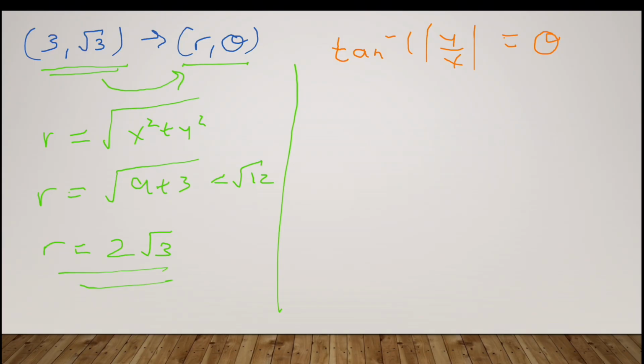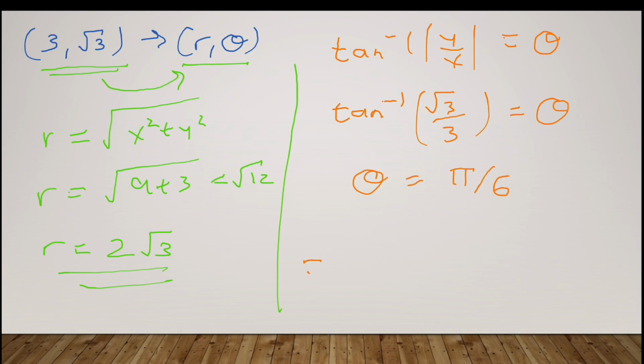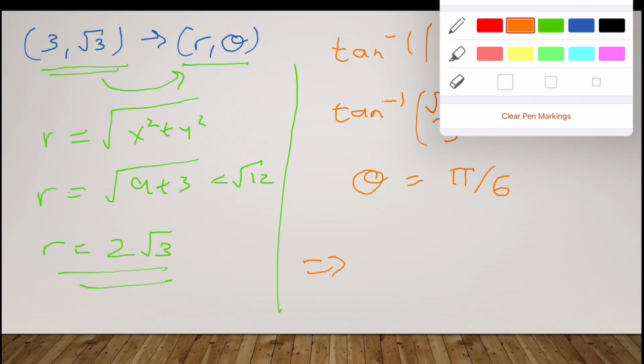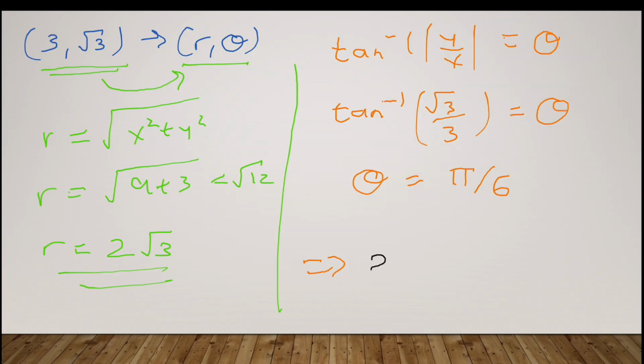Now we know y over x in this case is just root 3 over 3. And when is tan root 3 over root 3? Well, we know tan is root 3 over root 3 at pi by 6. So our final coordinates will be 2 root 3 comma pi over 6. I hope that was quite simple and straightforward.